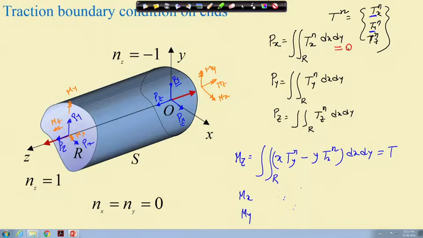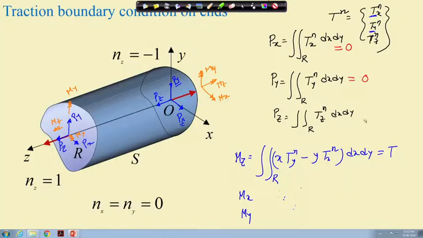There is no external force being applied in x direction, because there is no extension or stretching we are considering in this case. There is no force in y direction, there is no force in z direction, all these forces will be 0. Now, let us see the moment.